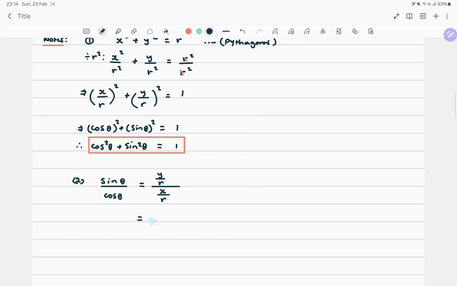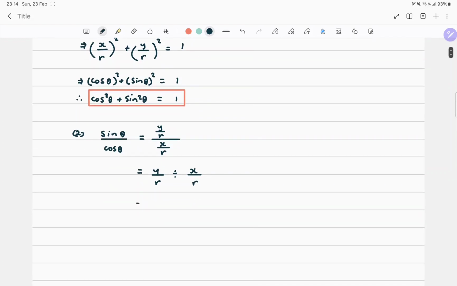Now, this is the same as y over r divided by x over r. And then we come to it and say this is still y over r times r over x, because that's what we do.